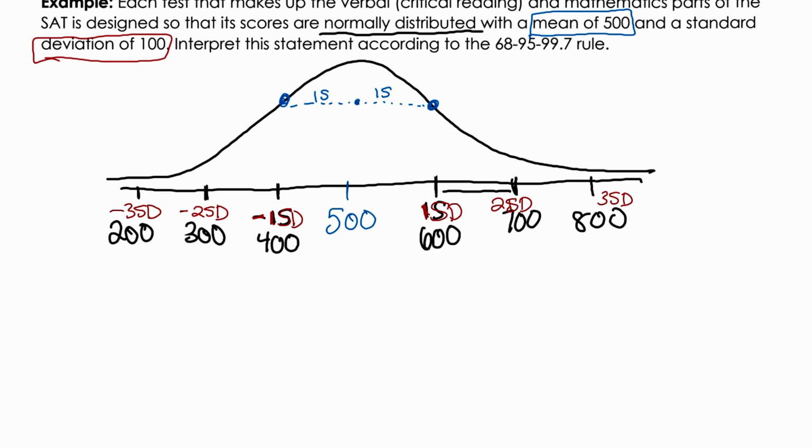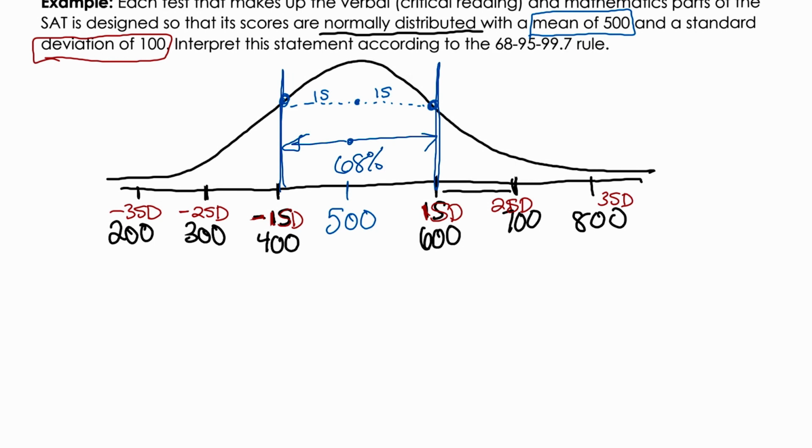Now, what the rule says is that 68% of the data will lie within 1 standard deviation of the mean. So that means if I look at just going out 1 standard deviation from the mean, from here to here, that means approximately 68% of the data is going to lie between 400 and 600.